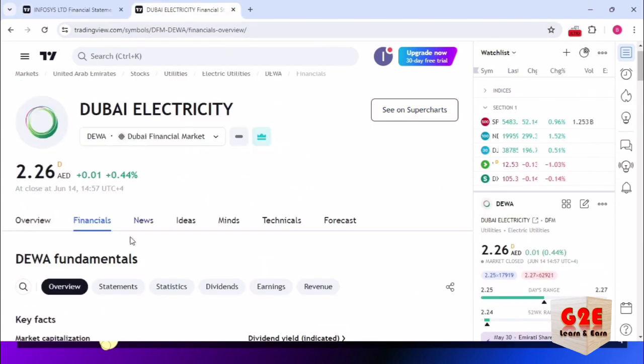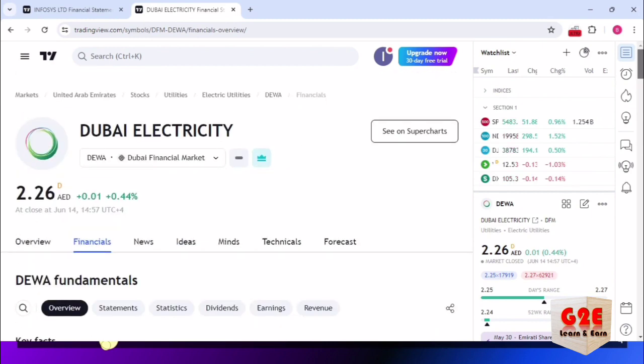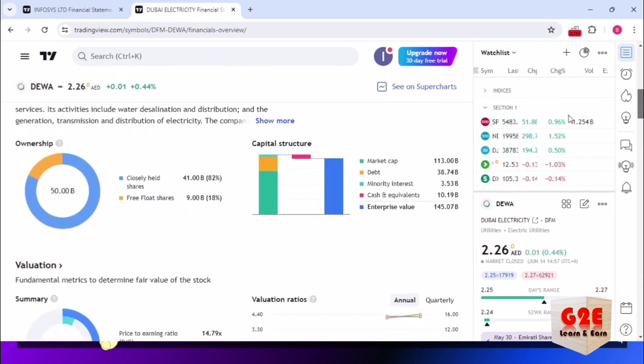Right now we can look at the UAE market. This is the company Dubai Electricity. From here, closely held shares are 82% and free float shares are 18%. It means a higher percentage of shares is held by the management, a great opinion, so the public sees it as a good share.